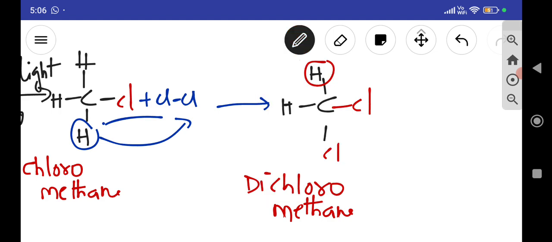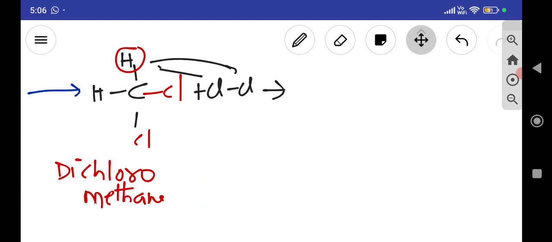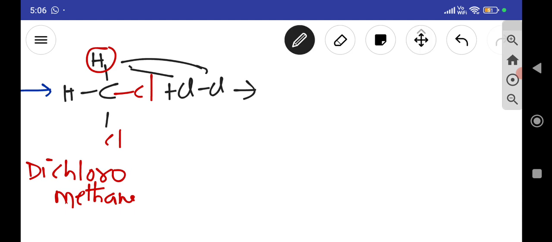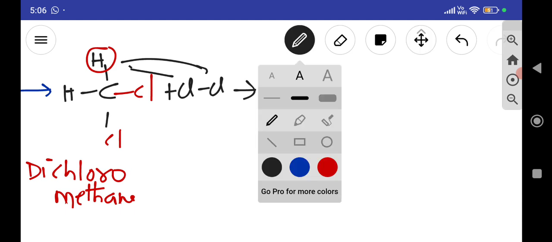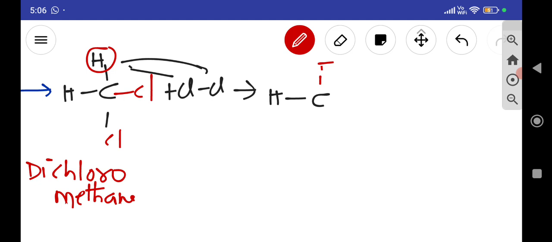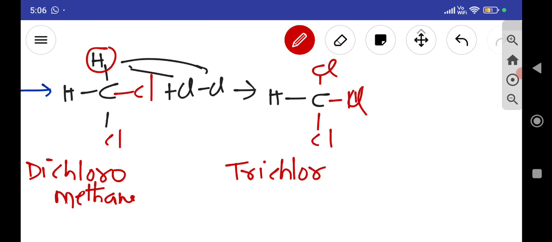On addition of Cl2 again, what will happen? This H is substituted with chlorine. So the third product we are going to get has Cl here, here also and here. So we are going to have trichloromethane, CHCl3, common name is chloroform.